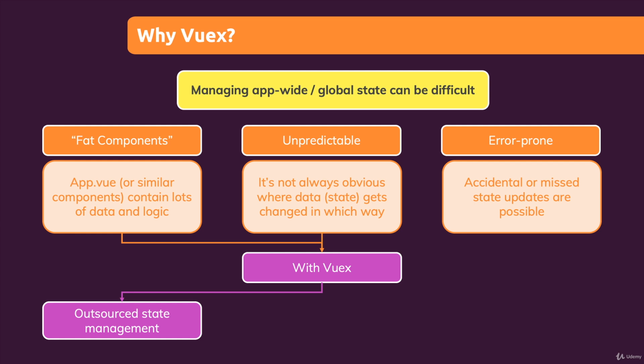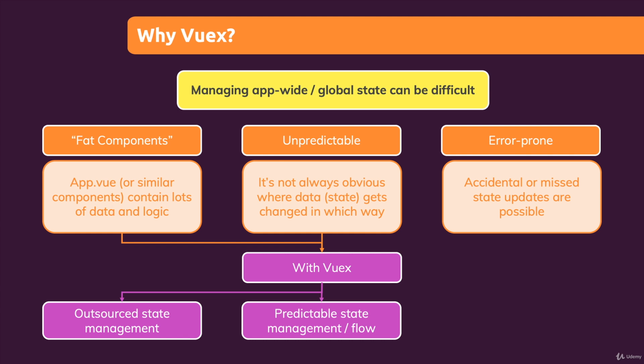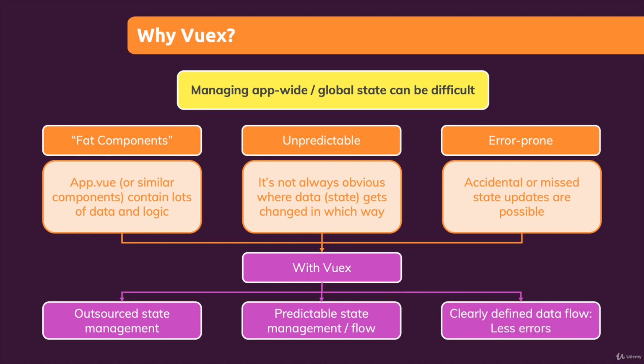It's also more predictable because Vuex has some clear rules on where state should be managed and how it should be updated and shared. And therefore, it's also less error prone because we have that clearly defined data flow, which we have to adhere to. So that's the what and why. Now let's install Vuex and let's get started using it.